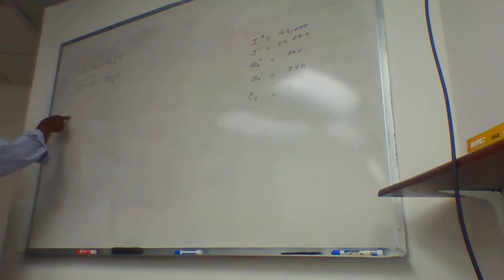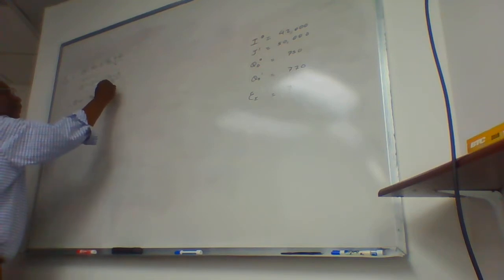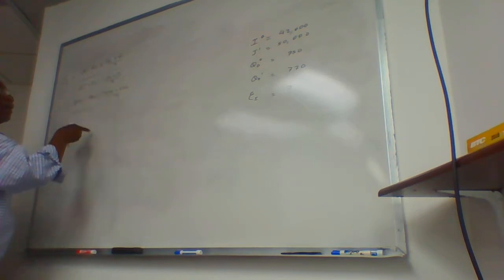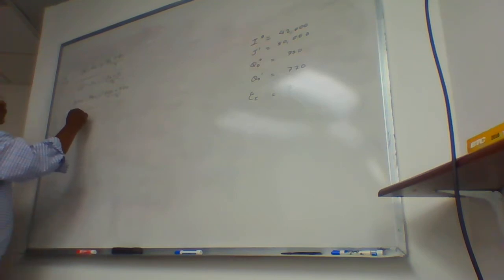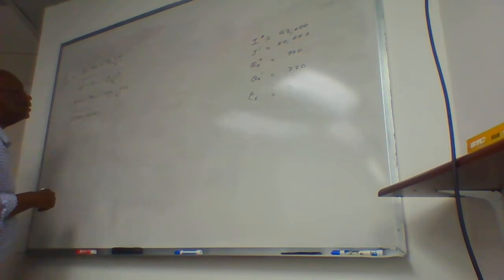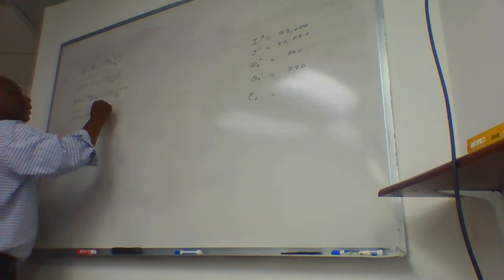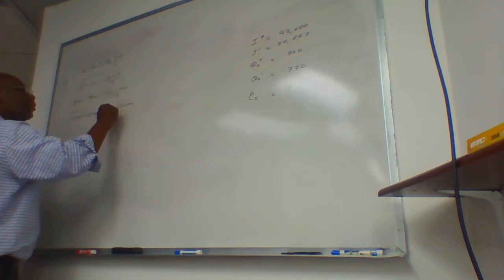Q1 minus Q0, Q1 is 770 minus 750, divided by 750 plus 770 over 2, which is 50,000 minus 42,000 divided by, those numbers are going to get very small, sorry, 42,000 plus 50,000 over 2.